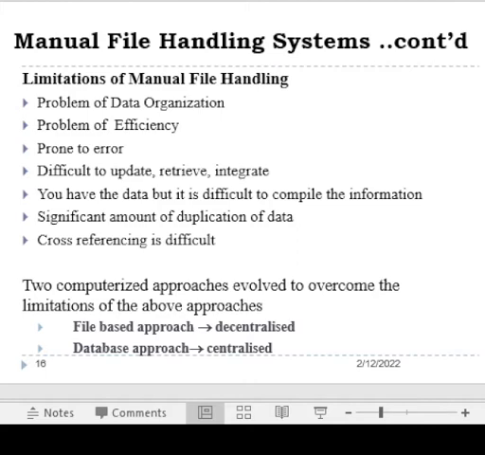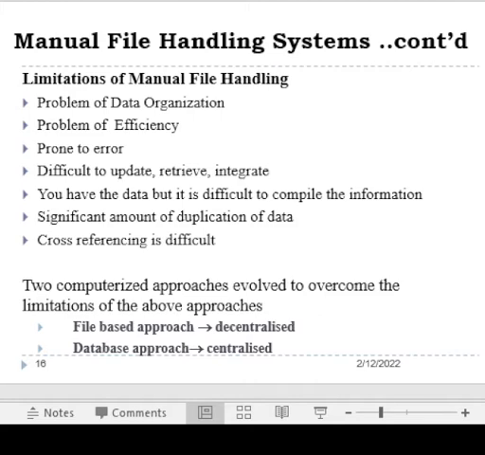Even if you have a lot of data about a specific person or organization, it takes a long time to compile the information. After collecting all the data together manually, you can read the data and get some information, rather than having automatic generation of information.